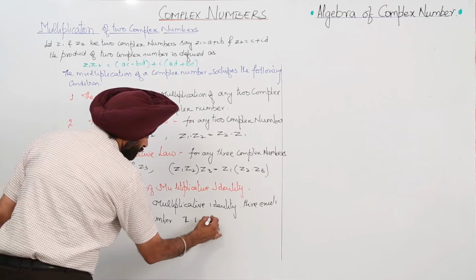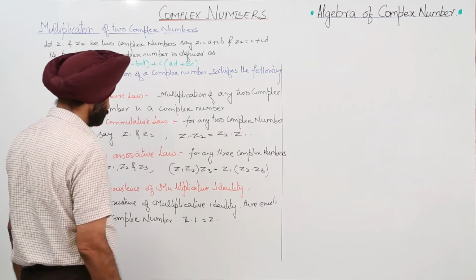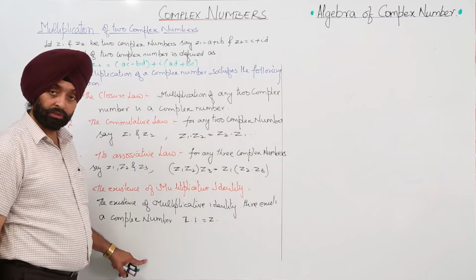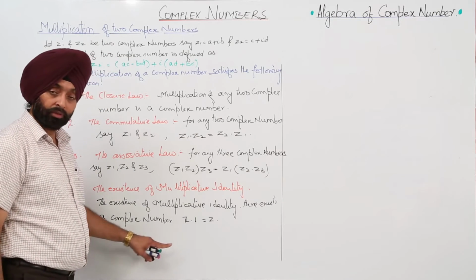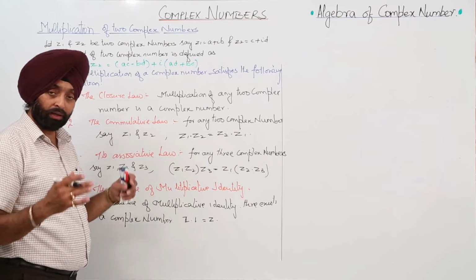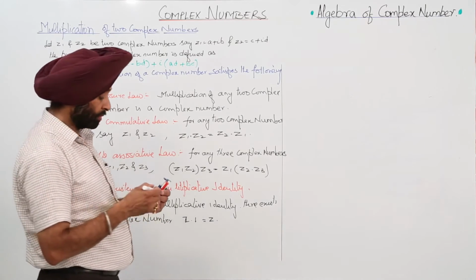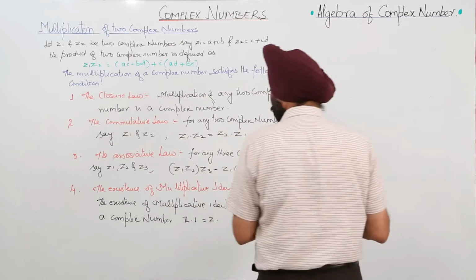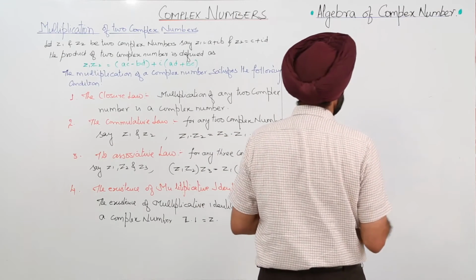Z with 1 is always equal to Z. This is the multiplicative identity, meaning a complex number multiplied with 1 always gives the same complex number. Now 4 we have done, now number 5.